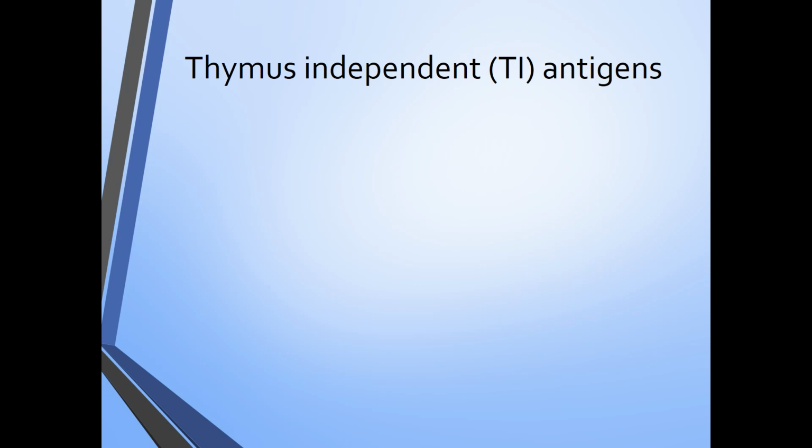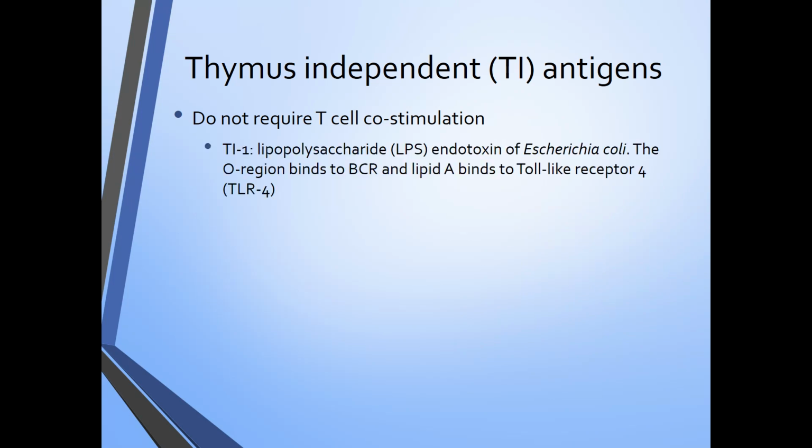So let's again talk more about the T-independent antigens. These T-independent antigens do not require T cell co-stimulation. For the TI1 antigens, a good example is lipopolysaccharide, or LPS. It's an endotoxin of E. coli and other gram-negative bacteria.